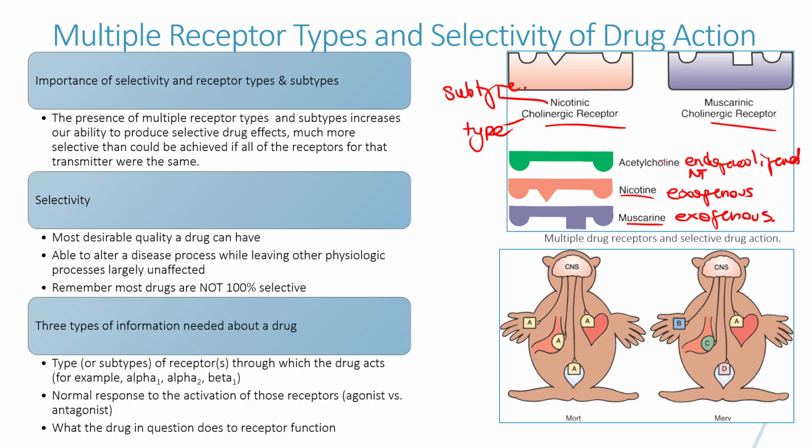All right, so what's the importance of selectivity and receptor subtypes? Say you have these two creatures, and I say A is basically epinephrine. When epinephrine is released, it has an effect on the heart. It basically increases heart rate and force of contractility. It slows down digestion, right? It increases blood flow to the muscles, and it also affects the kidney, and it causes release of adrenaline or more epinephrine from the adrenal medulla, right?